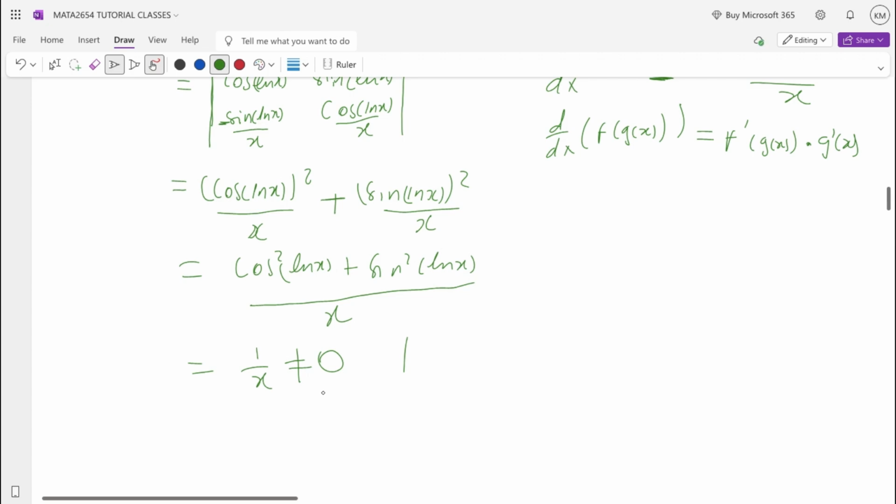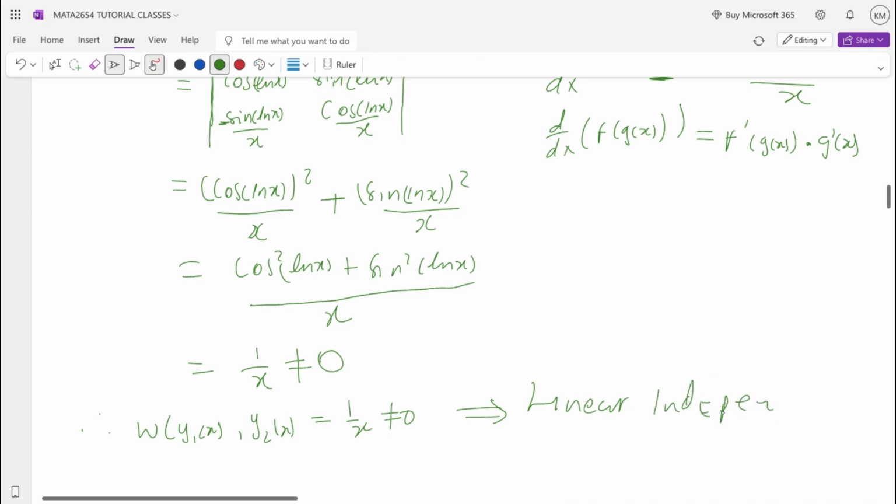Okay, so that is not equal to 0. What does it imply if our Wronskian is not equal to 0? Therefore, the Wronskian of y1 of x, y2 of x equals 1 all over x, which we know is not equal to 0. It implies we are having linearly independent solutions.